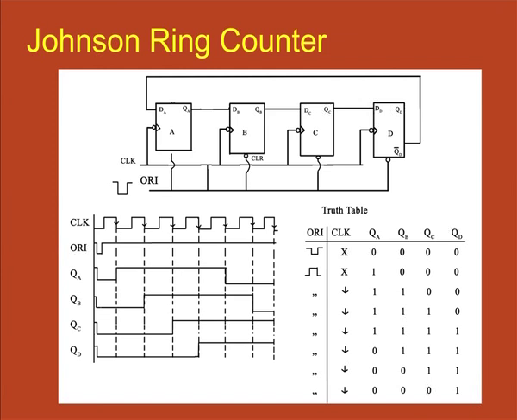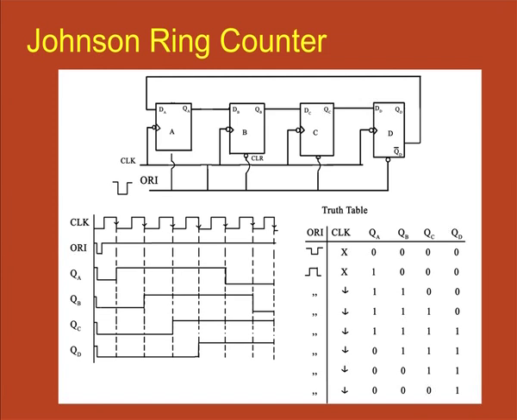In this slide we have shown the logic circuit for the Johnson ring counter, with 4 D flip flops. The clock signal is connected simultaneously to the clock inputs of all the 4 D flip flops, and the overriding condition is connected to the clear input of all the 4 flip flops simultaneously.